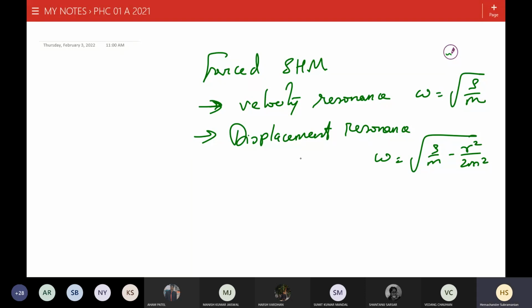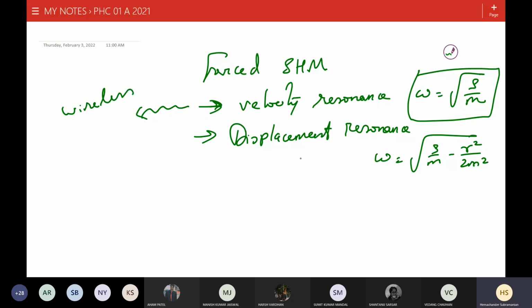You're trying to force the oscillator to vibrate, and if the frequency of the force that you're applying matches this frequency here, omega equals square root of S over m, then you're transferring maximal power to the oscillator.